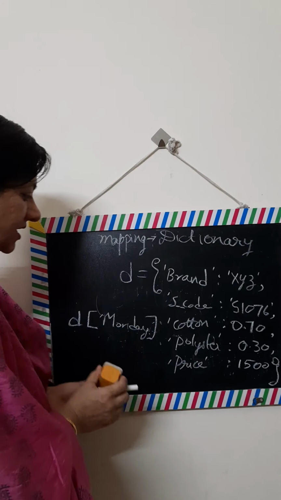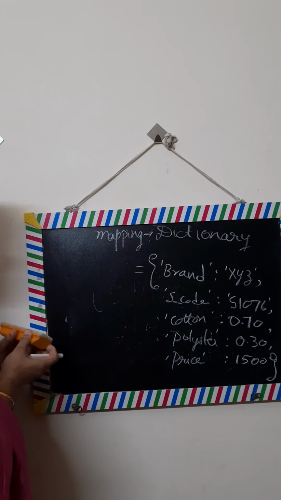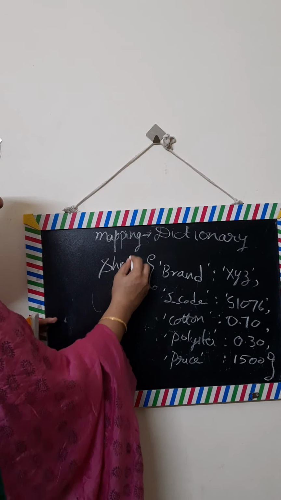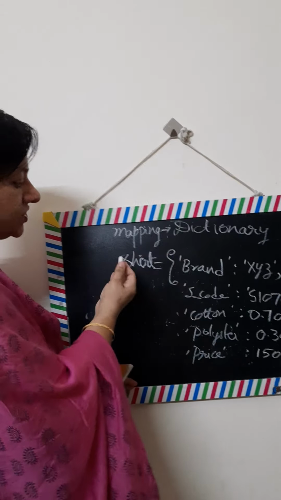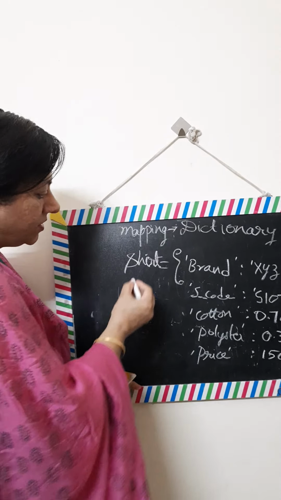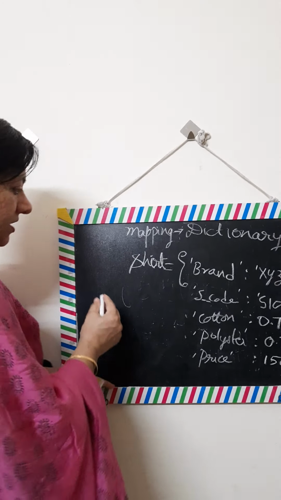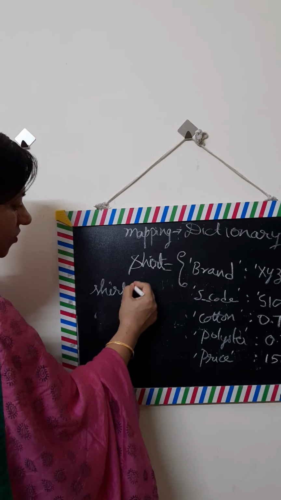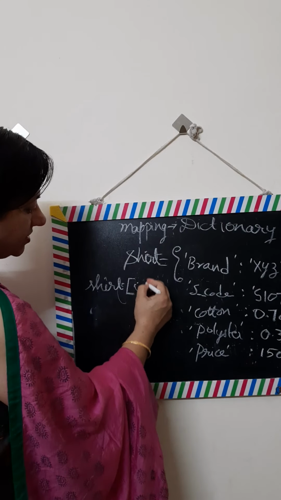So when I want to see this particular shirt, let's say I'll give this name as shirt. I can give any name to my identifier, and it should reflect what I am trying to say. So I am giving this as shirt. Now if I want to know how much cotton is there in that shirt, I can always say shirt, and I can open a square bracket, and I can say cotton.